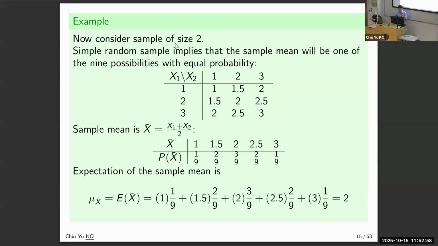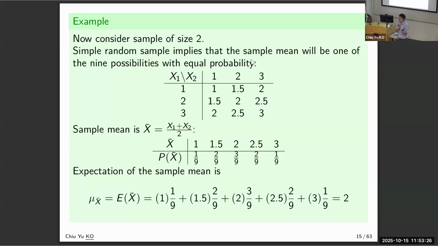The second one involves the same question, but instead of talking to one person, you grab two people here. Remember it's simple random sample, which means that in the first round you can get number 1, number 2, number 3 equally likely. In the second round, you also get number 1, number 2, number 3 equally likely.